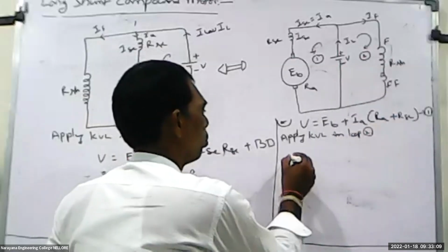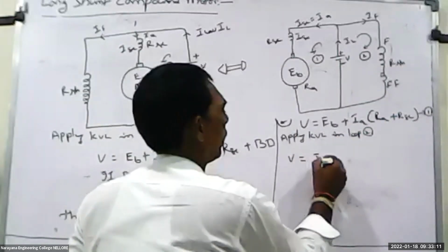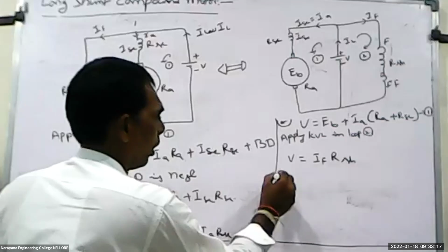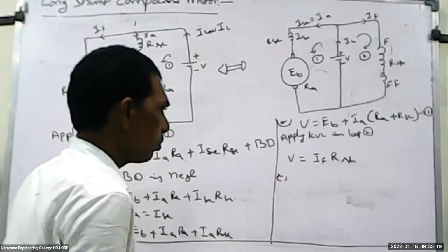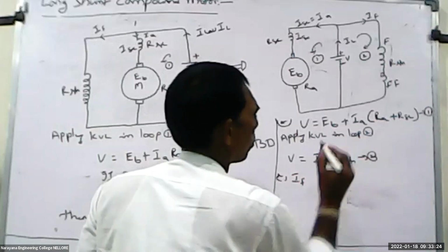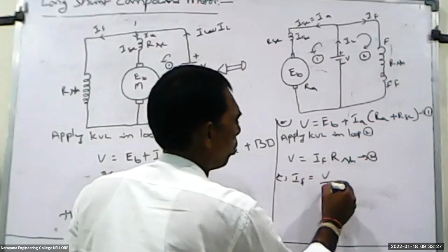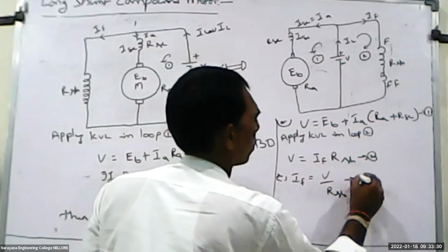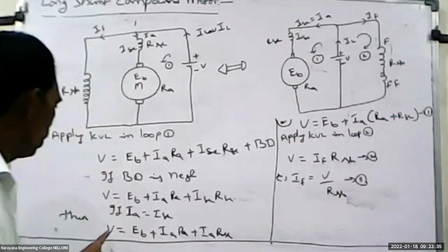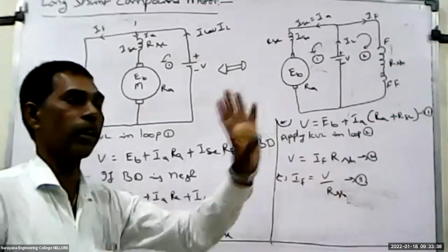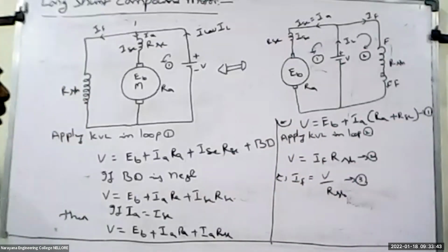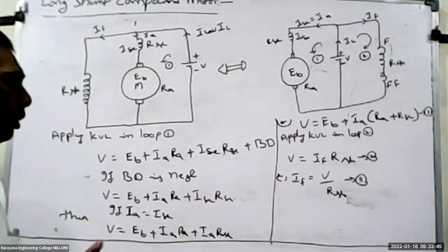So V is equal to IF into RSH. This is considered as equation number 2. IF is equal to V by RSH. So equating these equations, V is equal to IF into RSH, or if you want to find IF, IF is equal to V by RSH. This is the equation number 3.